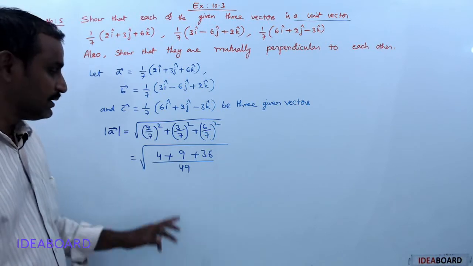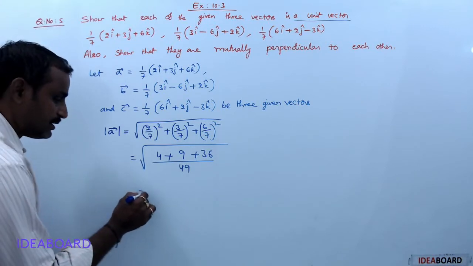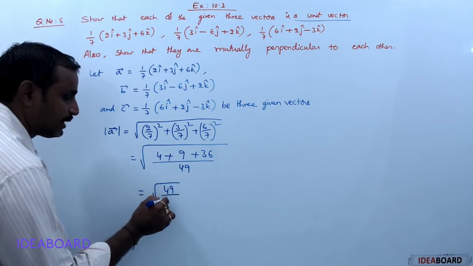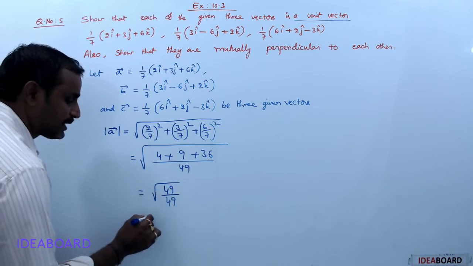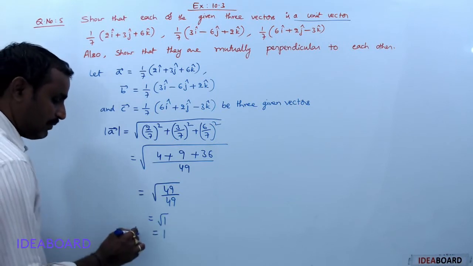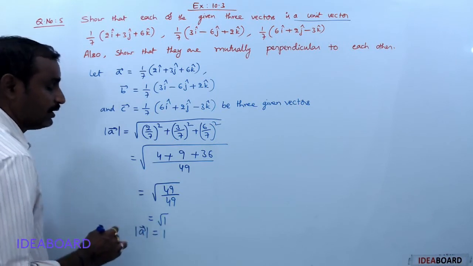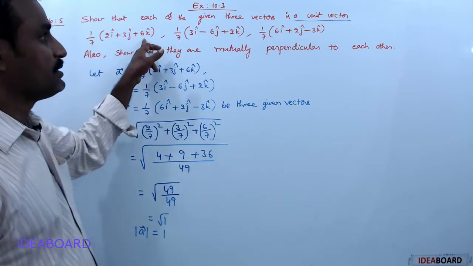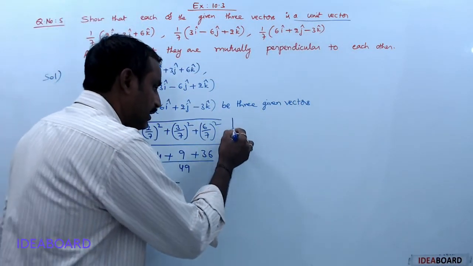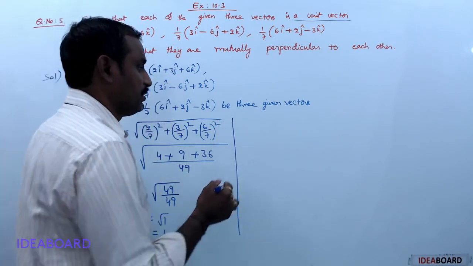Simplifying, you get under root of 49 by 49, so both get cancelled, root 1, and root 1 becomes 1. So the magnitude of a bar is clearly 1, so the a bar vector is a unit vector. Similarly, you can find the magnitude of b bar also.